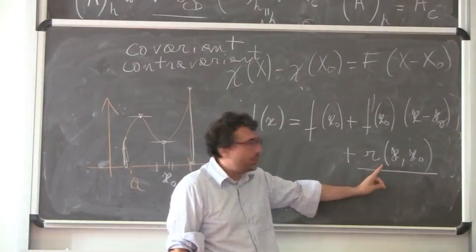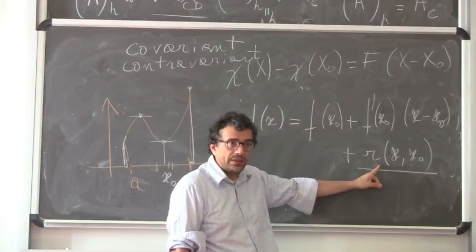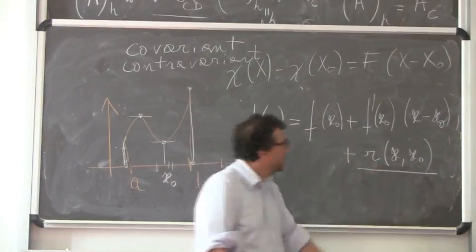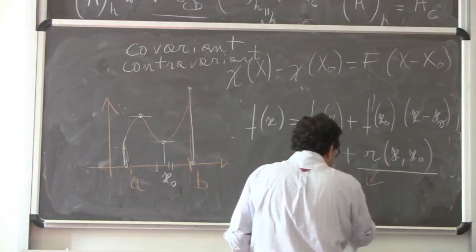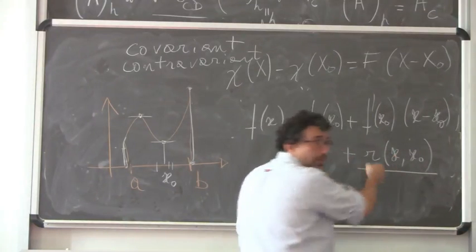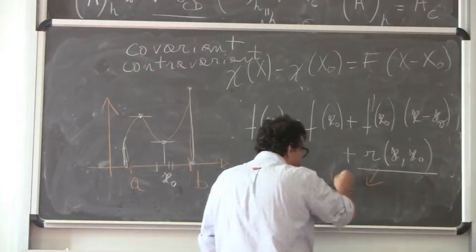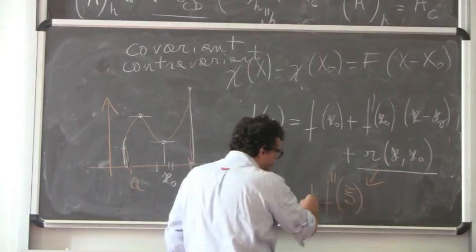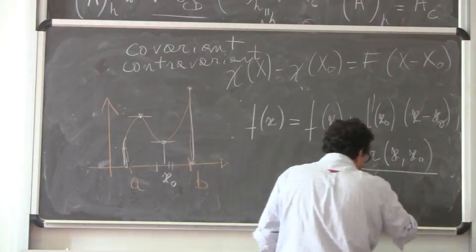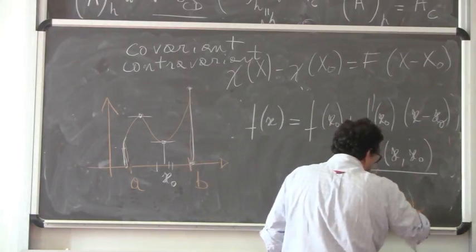Lagrange found an expression for this remainder. He said, there is a point psi such that this remainder is equal to the second derivative of f in psi times 1/2 times x minus x0 to the square.